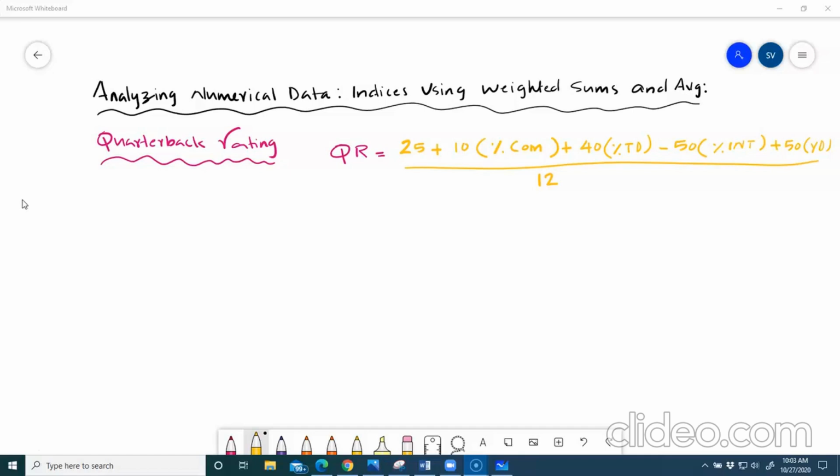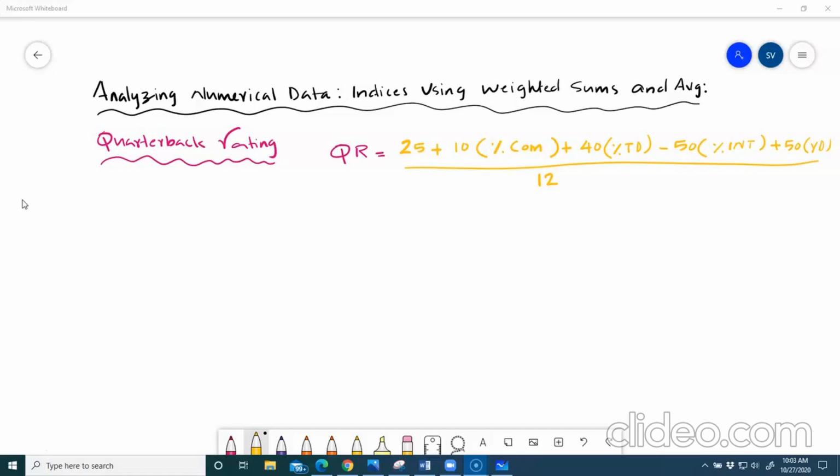So quarterback rating can be calculated by using a formula. Quarterback rating is equal to 25 plus 10 times percentage of completion plus 40 times percentage of touchdown per attempt minus 50 times percentage of interceptions per attempt plus 50 times average yards gained per attempt.